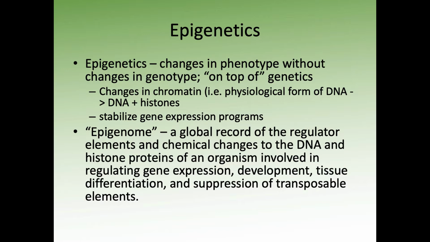So again, these are the things that are operating on top of the DNA: regulatory elements and chemical changes affecting things like histone proteins that are all involved in the regulation and expression of different genetic elements.